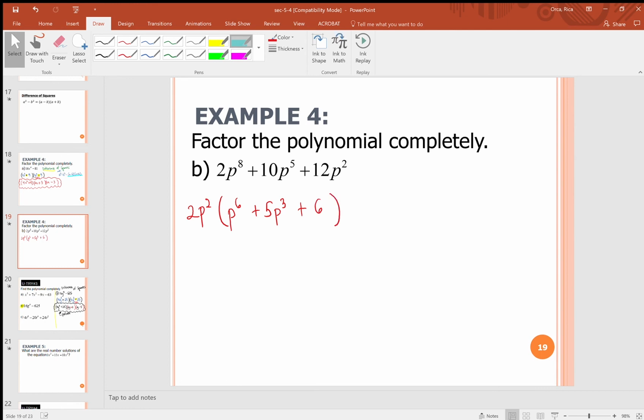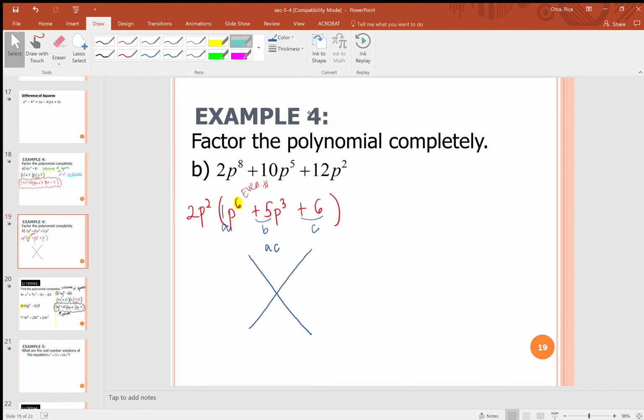This should look familiar now because we have a trinomial. And if it's a trinomial with an even degree, we're going to use the x method. A is 1, B is 5, and C is 6. Let's use the x method.